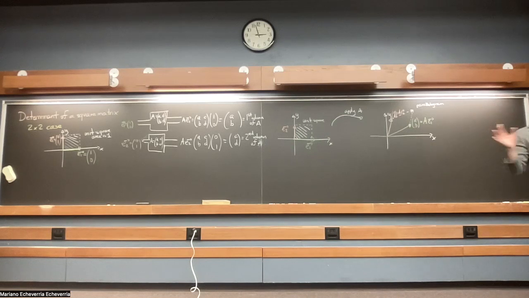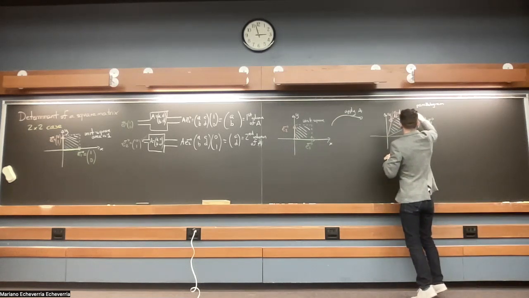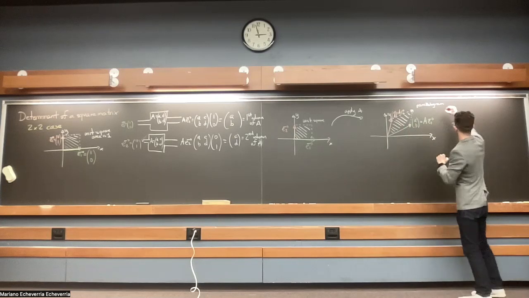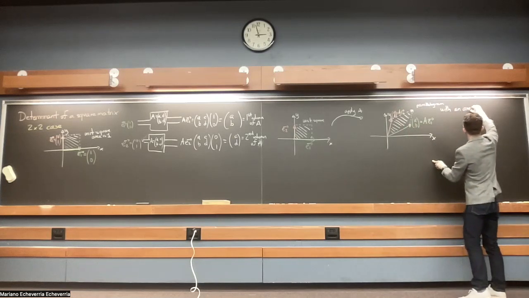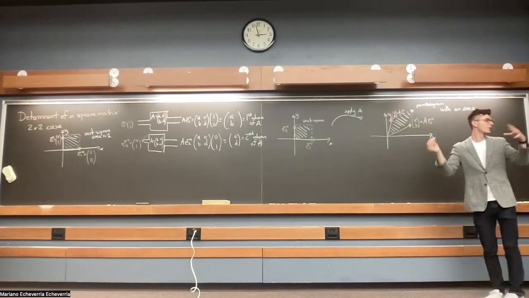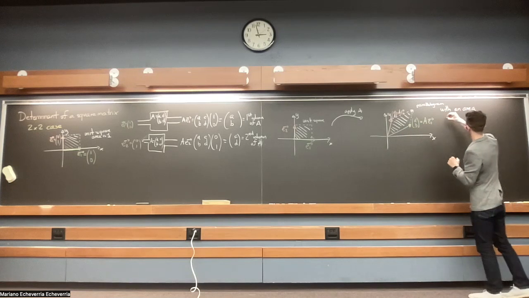We don't know what that area is, but that area is called the determinant of the matrix. So the determinant of the matrix is the area of this parallelogram. It has some area, equal to what we'll call the determinant of A.